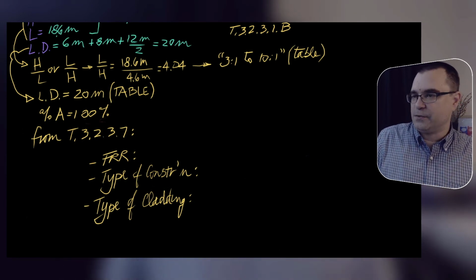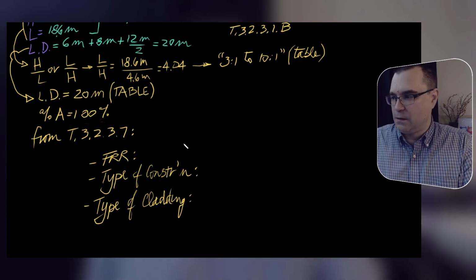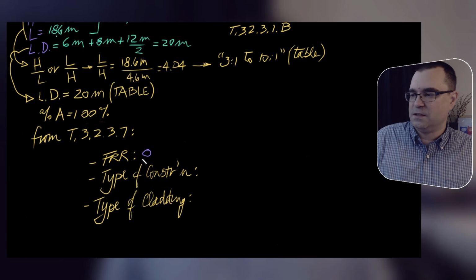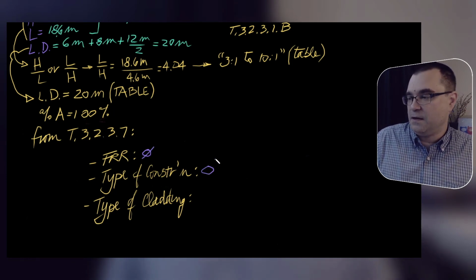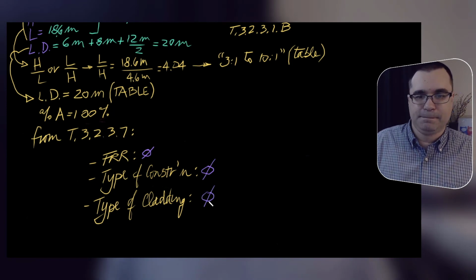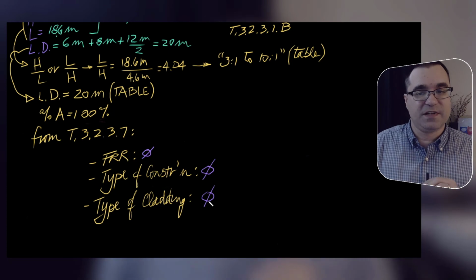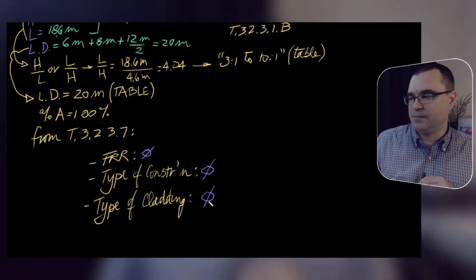So for fire resistance rating, let me make it a different color so it's obvious. Fire resistance rating, 0. Type of construction required? None. Type of cladding required? None. Okay, that's in this very specific case for the purposes of fire transferring from inside the building to something else.